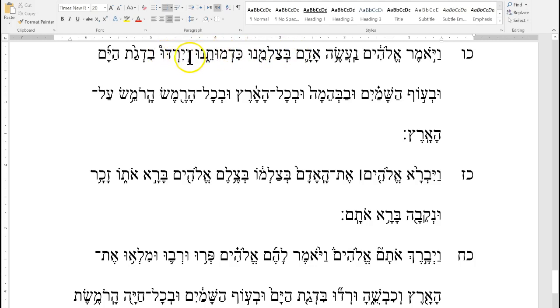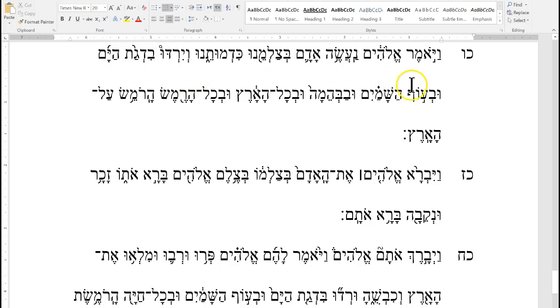Veyirdu, and let them radah, let them rule, bidgat hayam, over the daga of the sea. So remember how we said, who is he and he is she, and me is who, and dog is fish. Dog is fish, and you also have a daga, a feminine word for fish, over the fish of the sea.